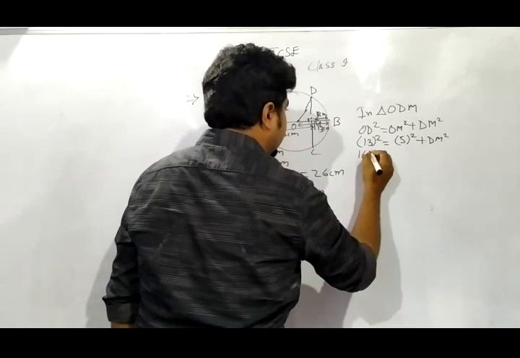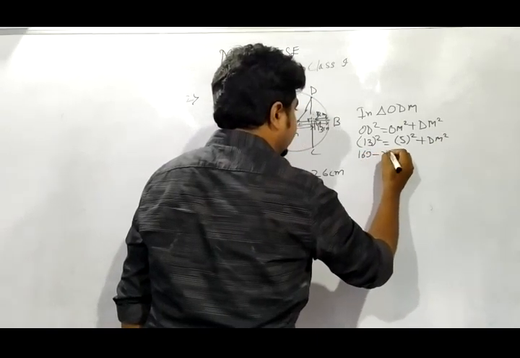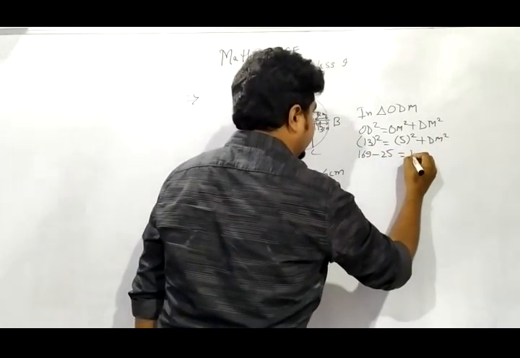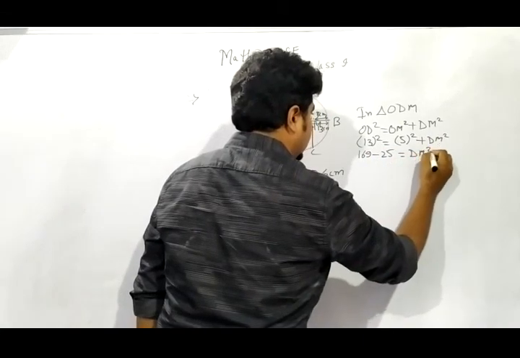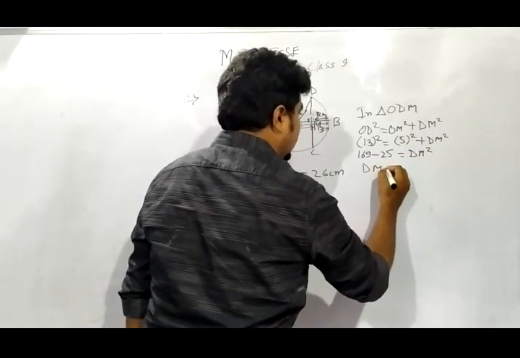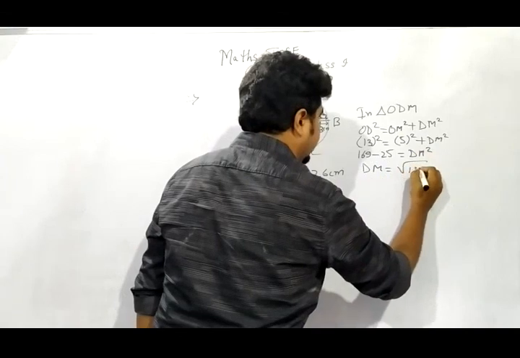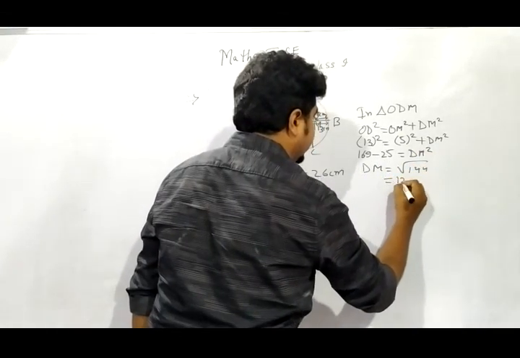So 169 minus 25 is equal to DM square. DM will be equal to root of 144, which is coming out to be 12 centimeter.